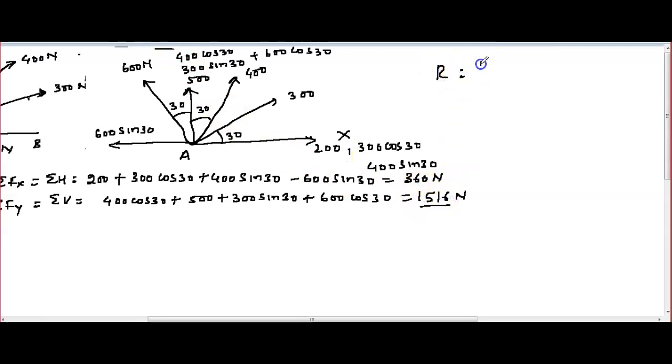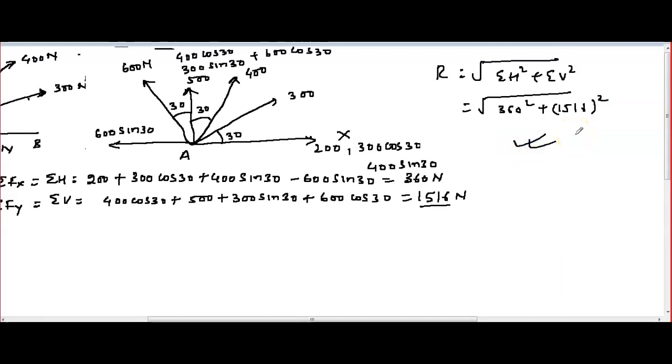So the resultant is equal to the square root of the summation of horizontal squared plus vertical squared. So 360 squared plus 1516 squared. Okay, you can find the answer here. Alpha you can find: alpha is equal to tan inverse of modulus of y by x. So alpha, the angle of the resultant along the x axis, is 1516 divided by 360.